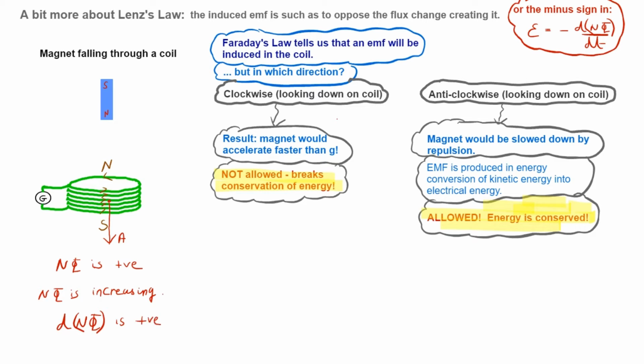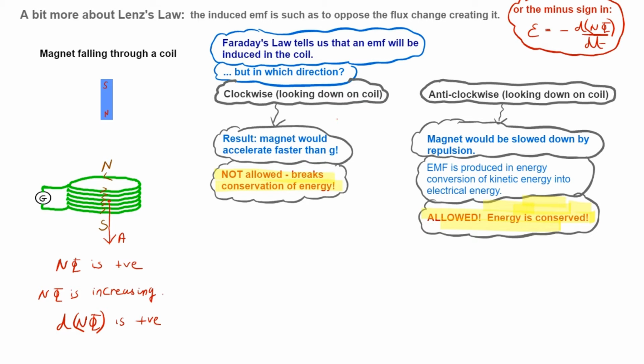Now, Lenz's law says that the induced EMF must oppose the flux change. So now we see how this links to this business of energy conservation. The induced EMF has to try and stop that increase in flux.